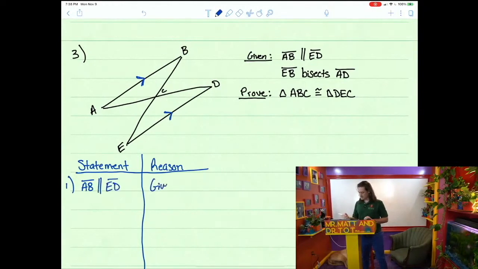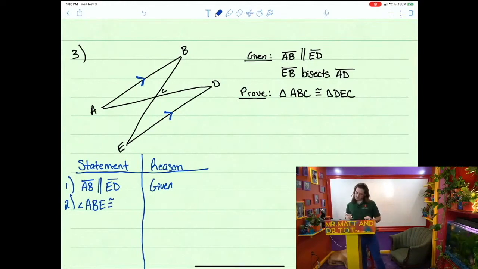We can use that to say that angle ABE is congruent to angle DEB because of the definition of alternate interior angles.